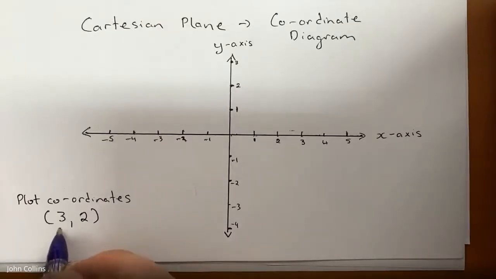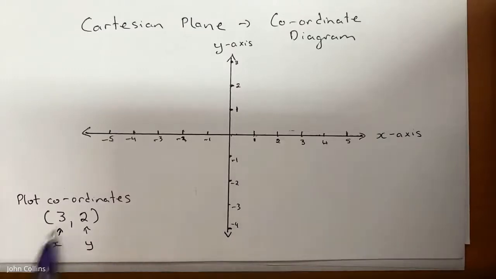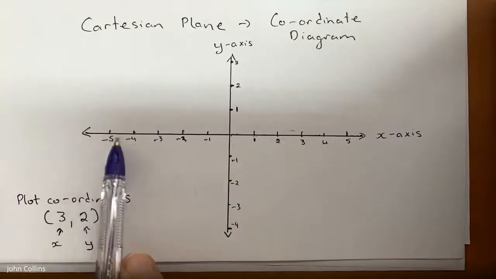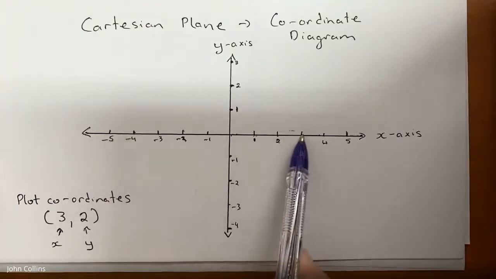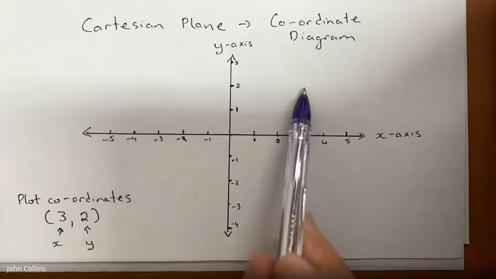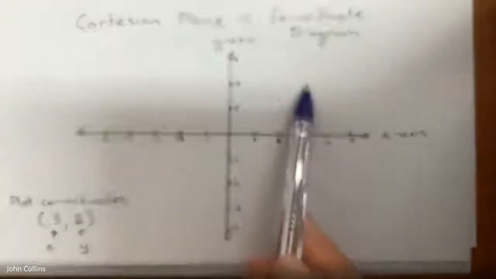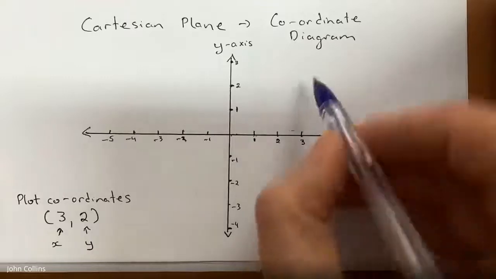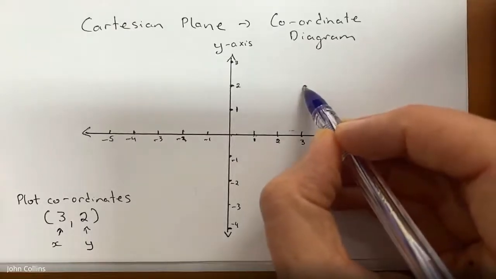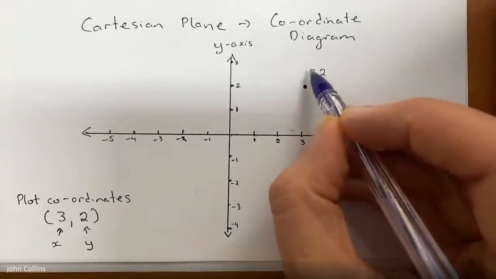The first number refers to the x-axis, and the second number refers to the y-axis. So it's 3 on the x-axis and 2 on the y-axis. I find 3 on the x-axis, and then I find 2 on the y-axis. Where these two meet is the point (3, 2).